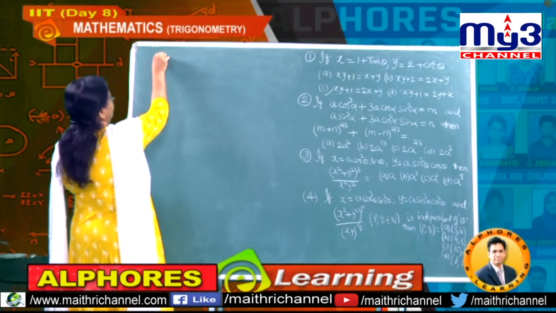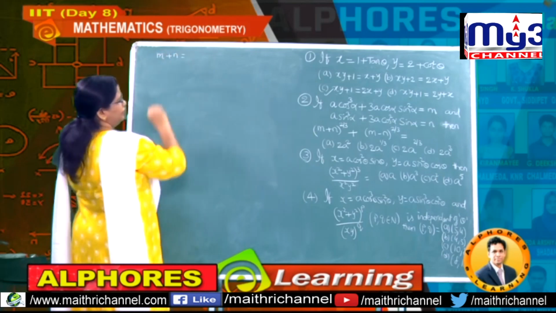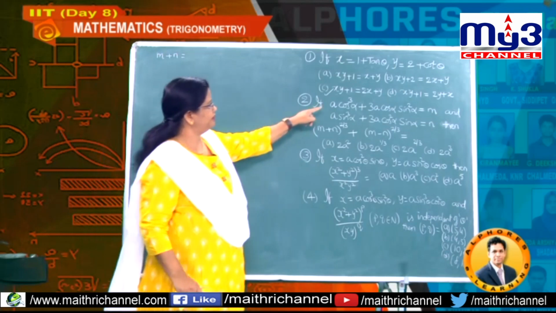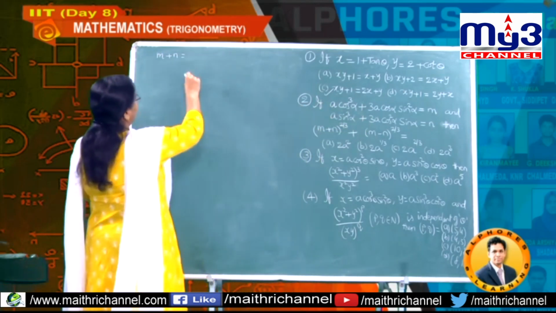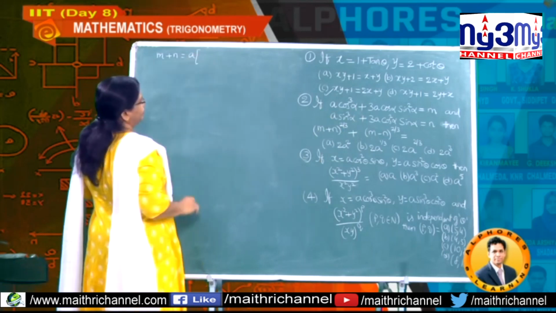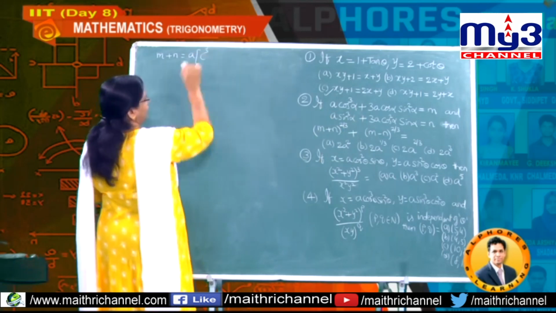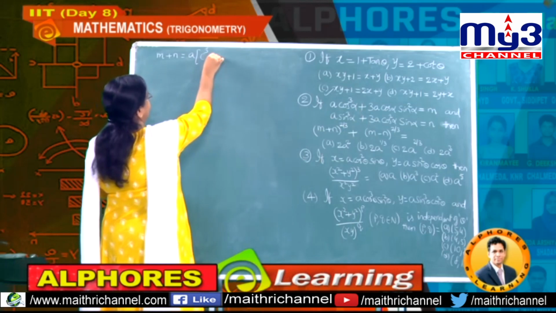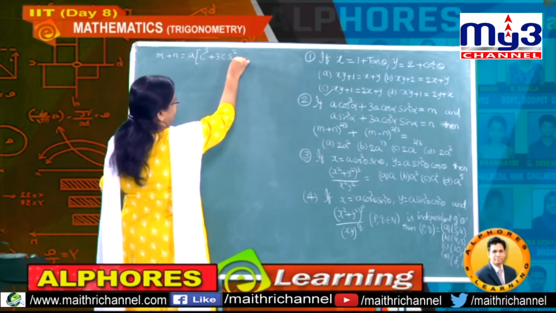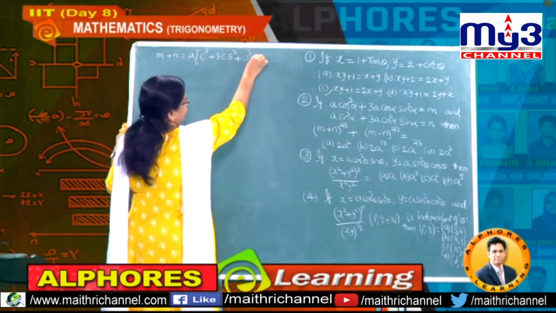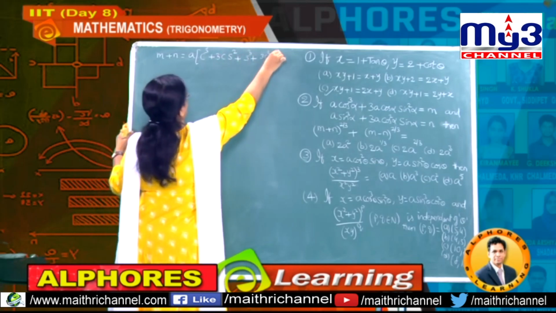Now if I add, that is m plus n, then you observe which value is common everywhere. A value is common here, therefore I am taking A as common. Then this is cos cube alpha, and after that plus 3 cos alpha into sin square alpha, plus sin cube alpha plus 3 cos square alpha sin alpha.